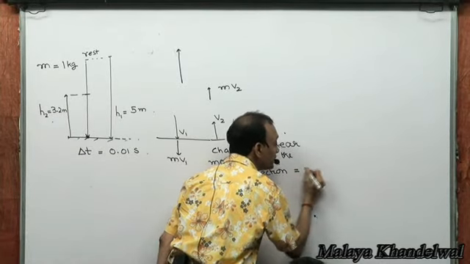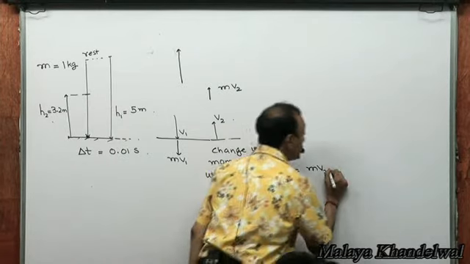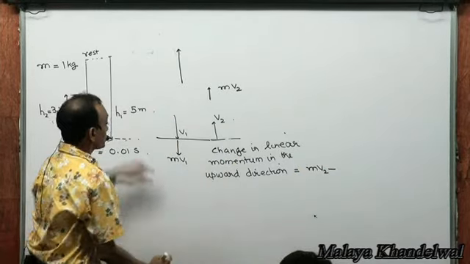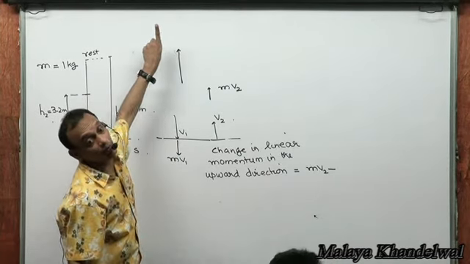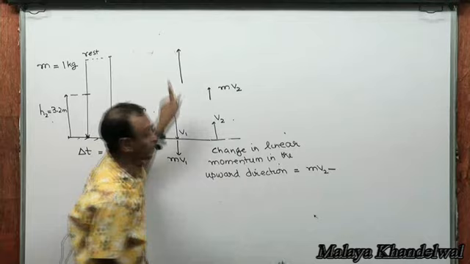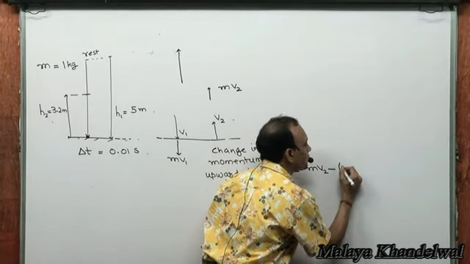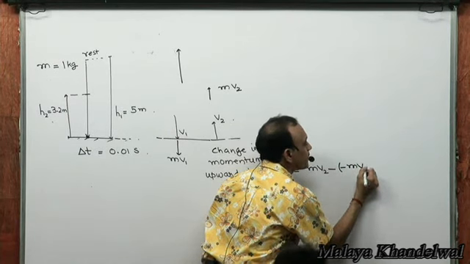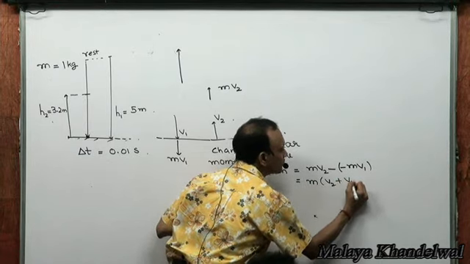The final is mv2, minus the initial. Linear momentum in the downward direction is mv1, so the initial linear momentum in the upward direction would be minus mv1. So the change in linear momentum would be m into (v2 plus v1). Yes or no?